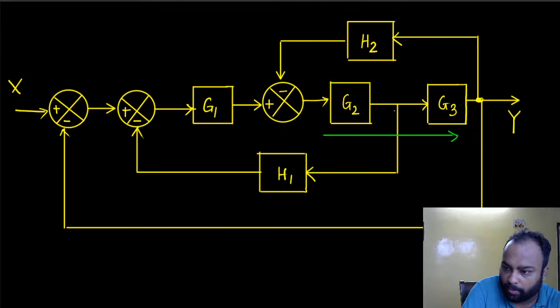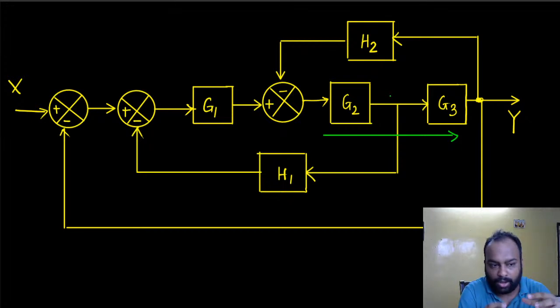So if this is lost, and I combine these two blocks into G1, G2, G3 like a cascade block, then the signal that is coming into H2, H1 and going back will have no place to come out from, right?